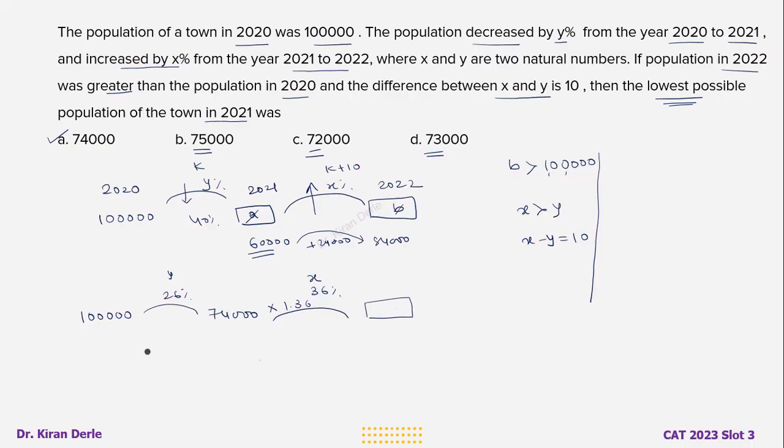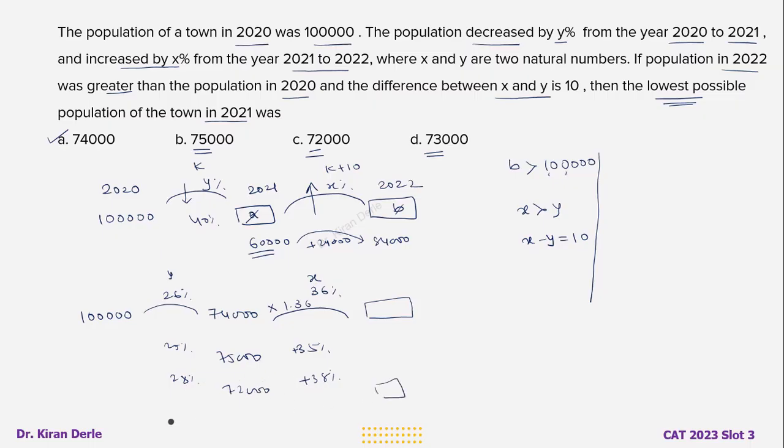So again, if this is 75,000, that means you are taking 25% as y, so you have to consider 35% for x. Again with 72,000, you'll consider this. This is decreased by 28, so x will be 38%, or you can simply multiply this with 1.38 to get this final value.